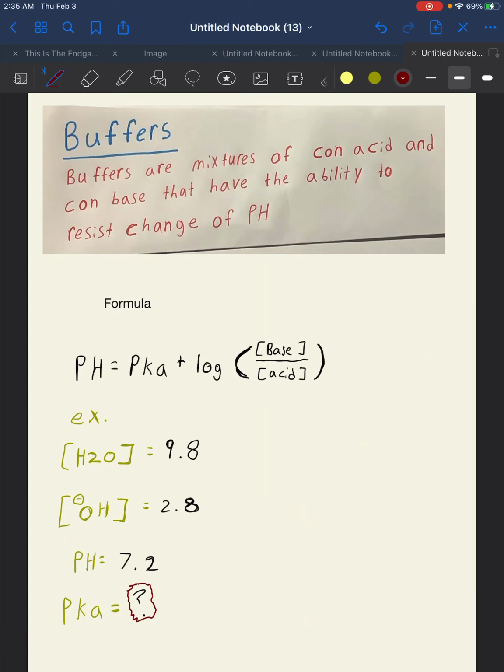Buffers are mixtures of conjugate bases and conjugate acids that lead to a stable pH that resists change. And this is very important because if pH can resist change, it's not going to lead to problems arising in the body, such as GERD or acid reflux, because you just want a stable pH. If you go from a high pH to a really low pH really fast, you're going to have acid burns all throughout your body, unless it's, of course, your stomach that contains acid naturally.